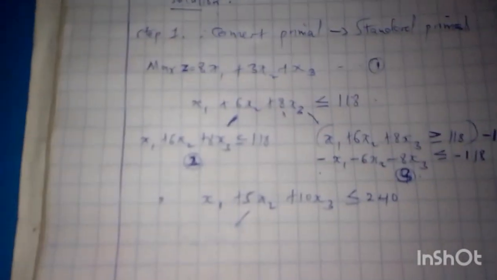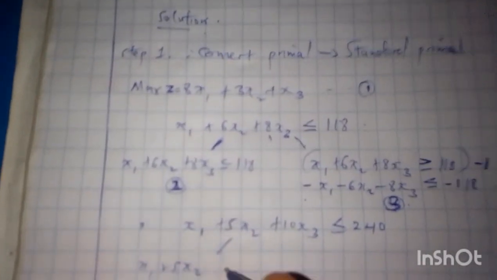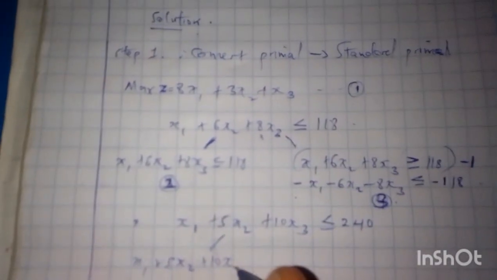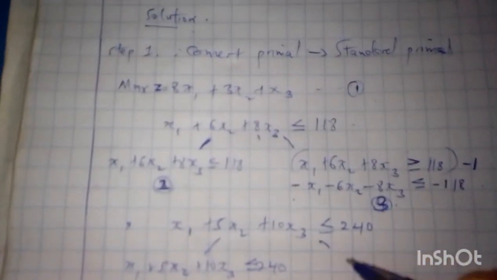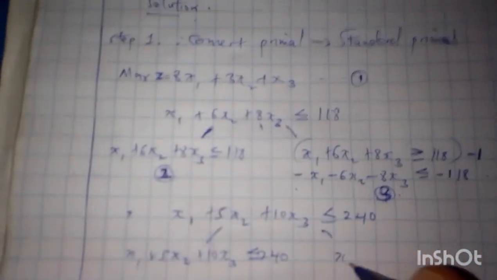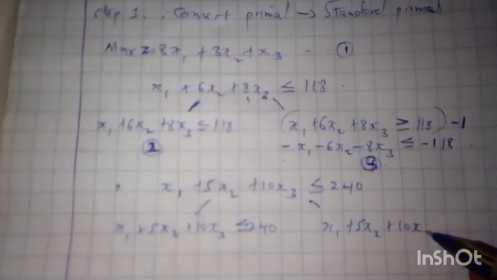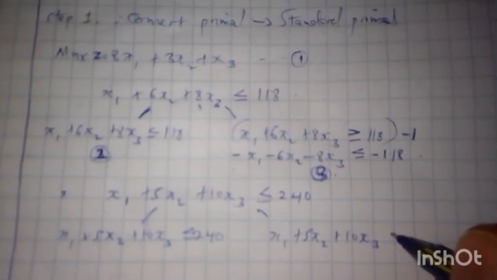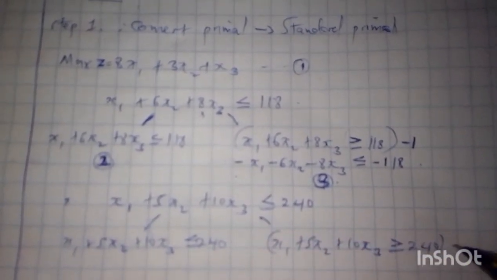The first one, we just copy: x1 plus 5x2 plus 10x3 is less than or equals to 240, and the other one is x1 plus 5x2 plus 10x3 is greater than or equals to 240. We multiply the whole of this by negative 1.